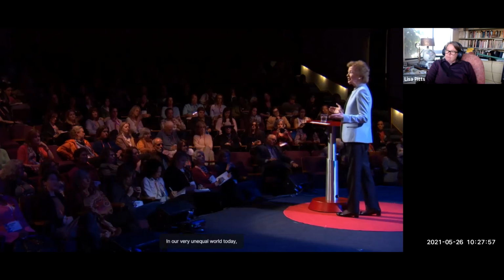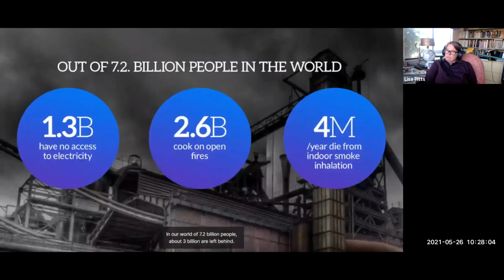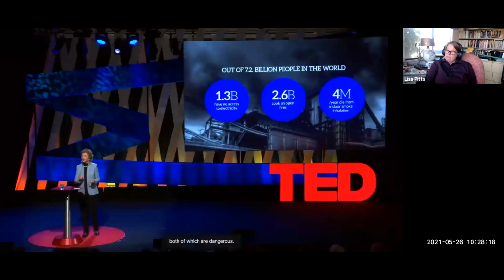In our very unequal world today, it's very striking how many people are left behind. In our world of 7.2 billion people, about 3 billion are left behind. 1.3 billion don't have access to electricity, and they light their homes with kerosene and candles, both of which are dangerous.